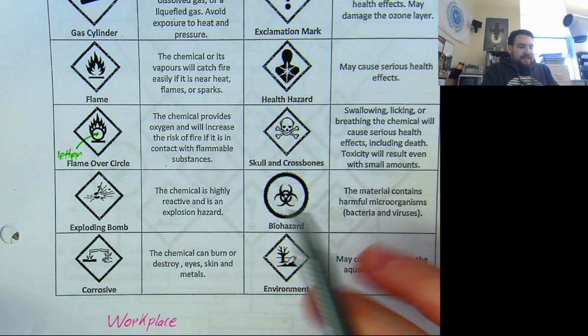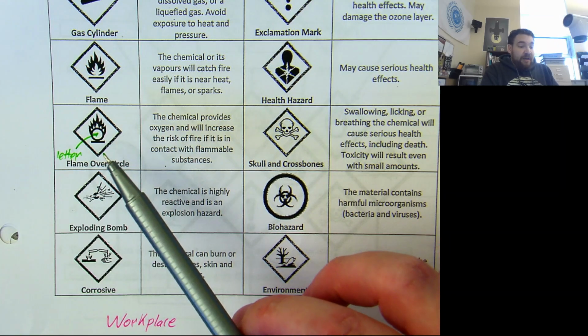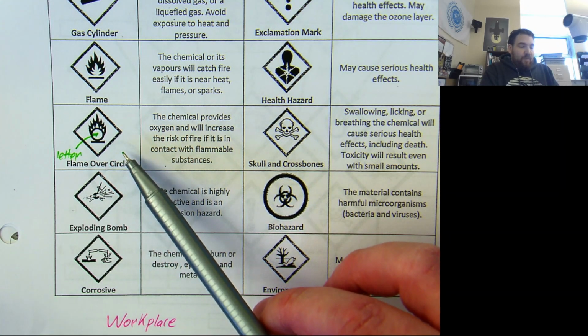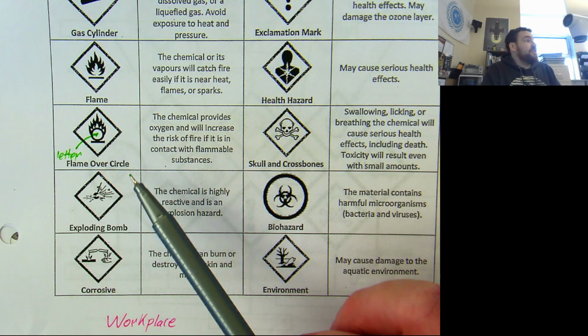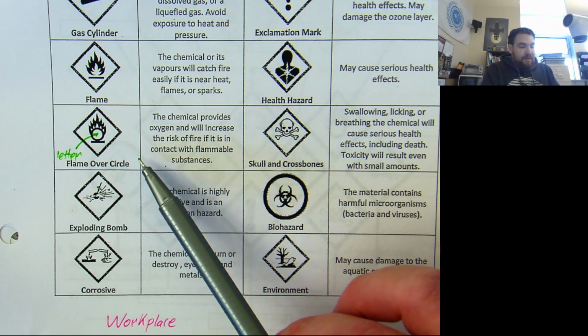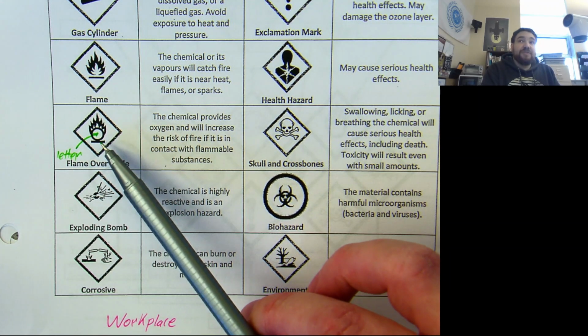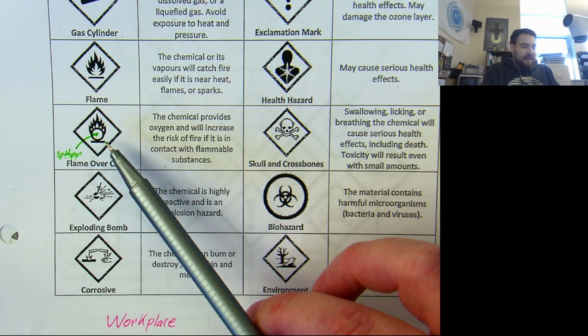And what that symbol means is that whatever this symbol is on, this object will provide oxygen, and when you provide oxygen to something, you increase whether or not it's going to be flammable. So that allows oxygen to be produced, makes things more flammable.